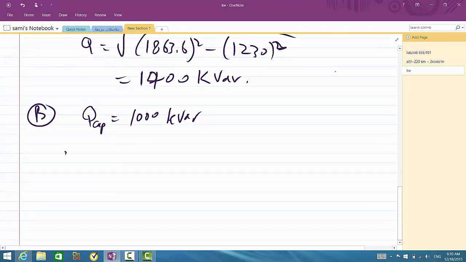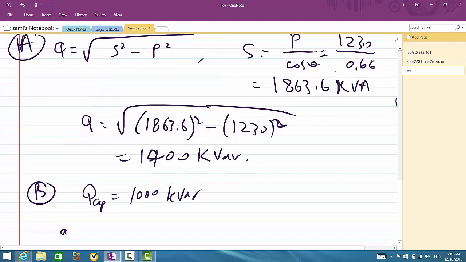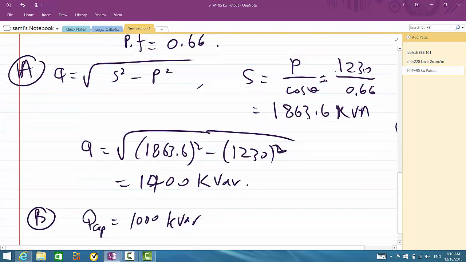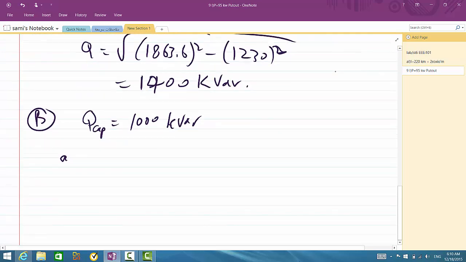Determine the power factor of the primary feeder after installing the capacitor bank.